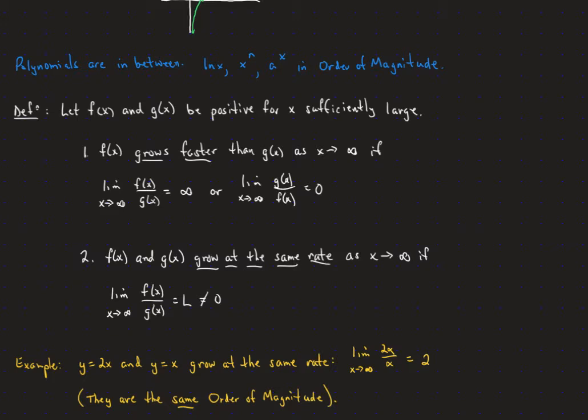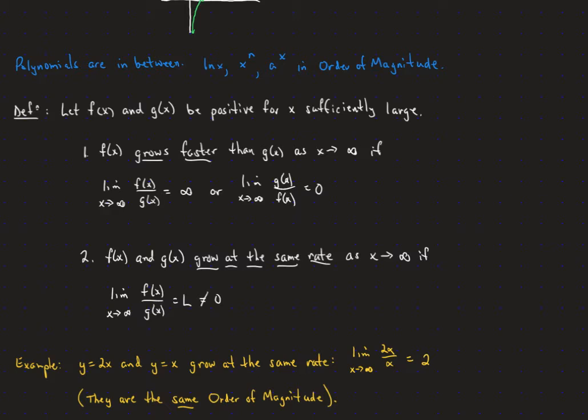So, a definition: let f of x and g of x be positive for x sufficiently large. We say that the function f of x grows faster than g of x as x goes to infinity if we look at the limit as x goes to infinity of f over g.